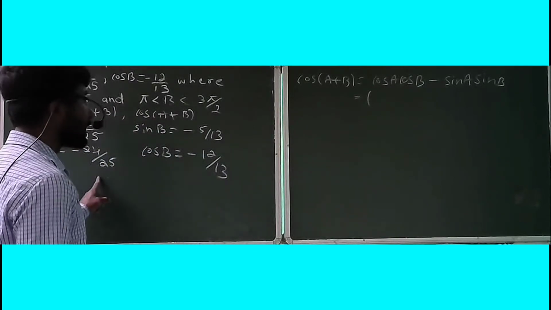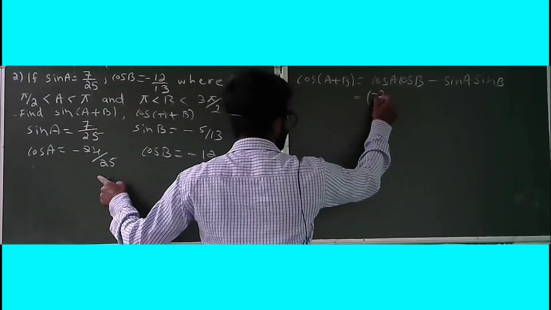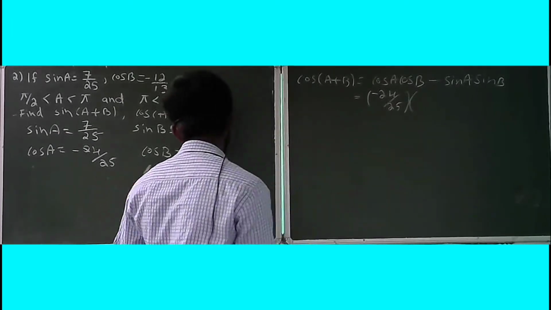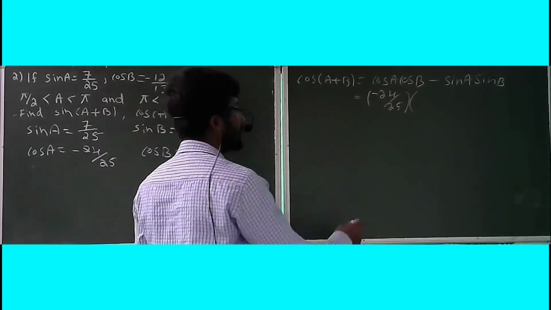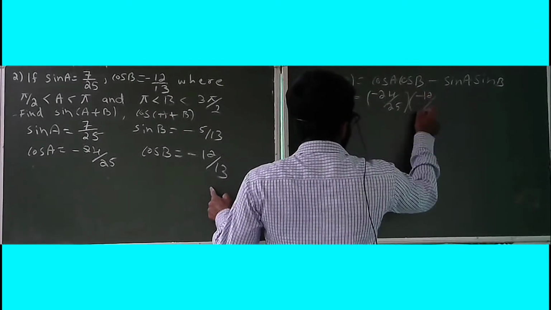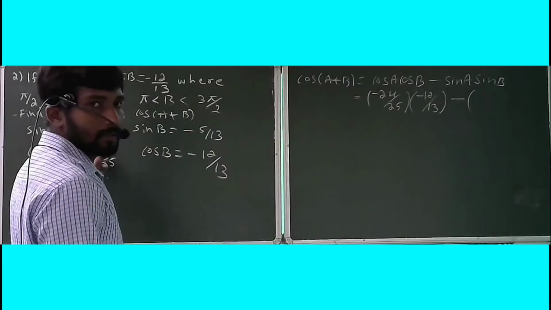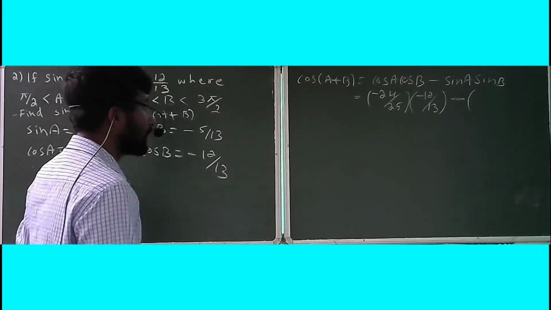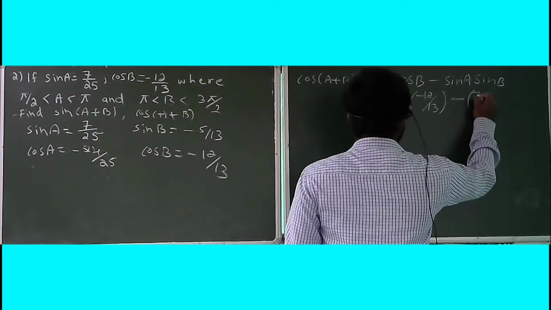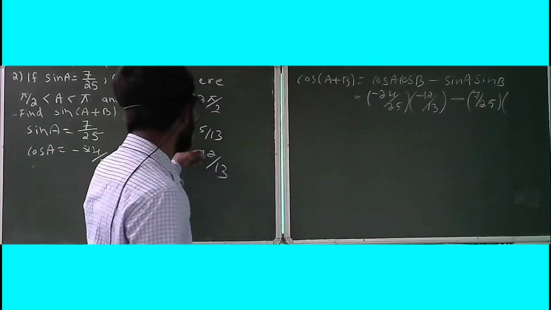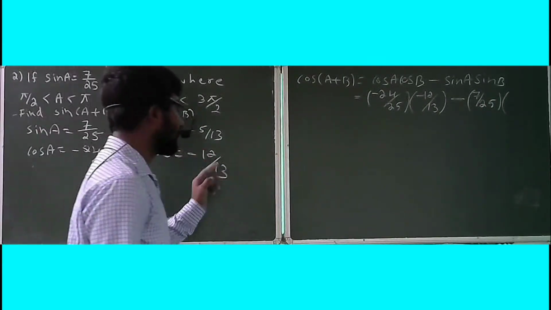Cos A value is minus 24 by 25 into cos B. Cos B value is equal to minus 12 by 13, minus, by the formula, sin A. Sin A value is 7 by 25 into sin B. Sin B value is equal to minus 5 divided by 13.